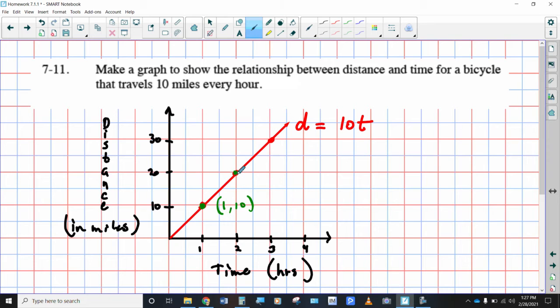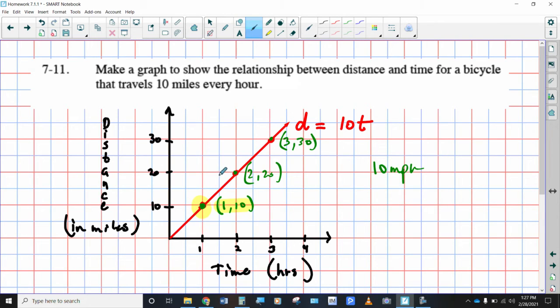This point is where in 2 hours you've gone 20 miles. And this point is where in 3 hours you've gone 30 miles. So the rate of speed, this actually is your unit rate in this particular situation, where it's 10 miles for every hour that you travel, right? 10 miles per hour.